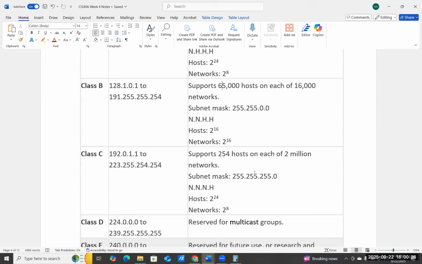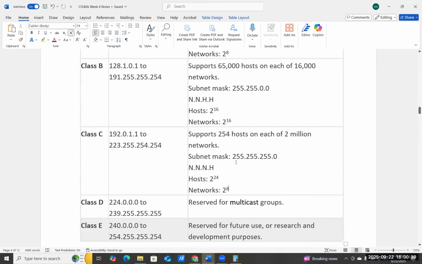I think this is wrong. Yeah, this should be reversed. So 2 to the power of 8. I can't write the postscript.